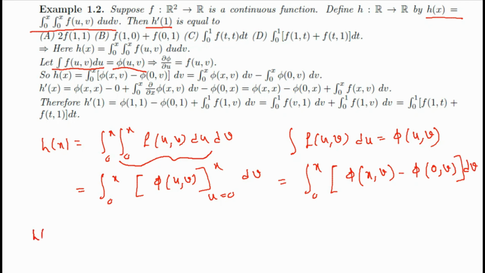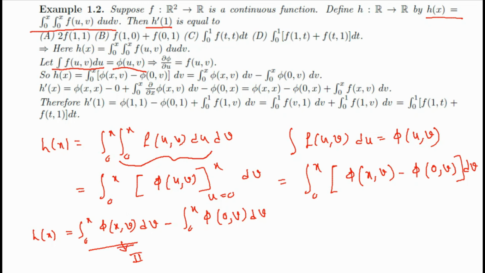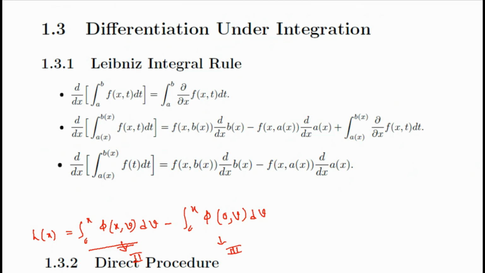Now h of x equal to integral 0 to x phi of xv dv minus integral 0 to x phi of 0 v dv, and here we will use formula number 2 and formula number 3, since this is basically a 2 variable case. Now we come to formula 2 and formula 3.